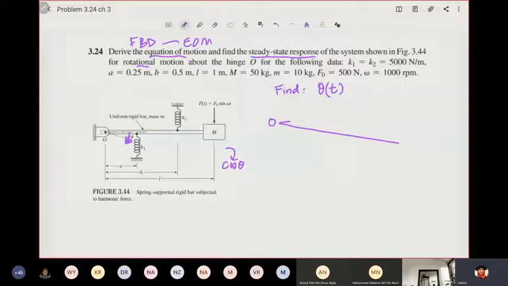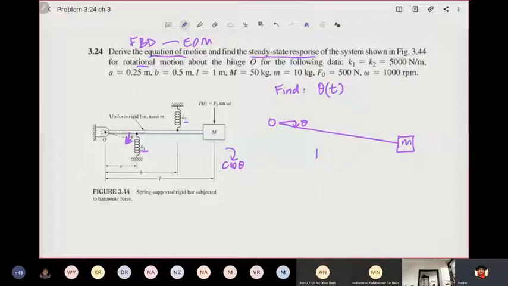It will go like this, because your theta is like that. So think physically, what happens to K1 and K2? K1 is somewhere here. Your J and your M are the bar and the mass, and basically your mass is still here.